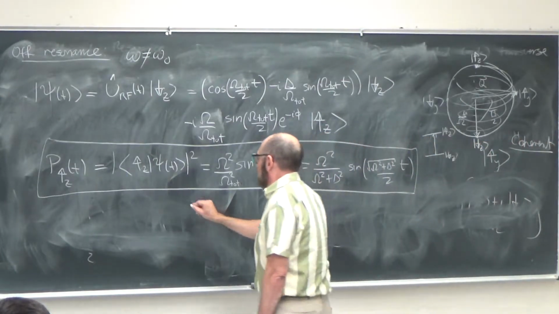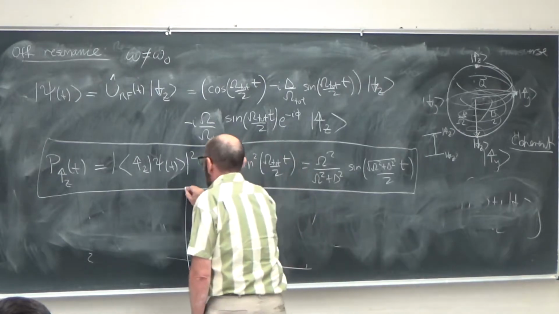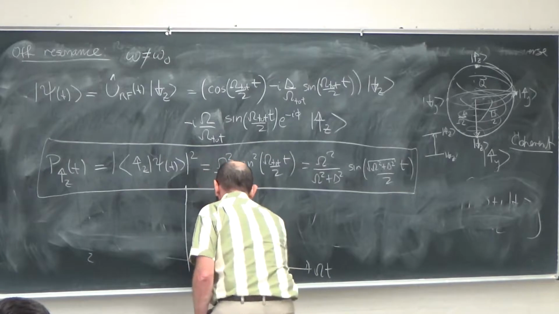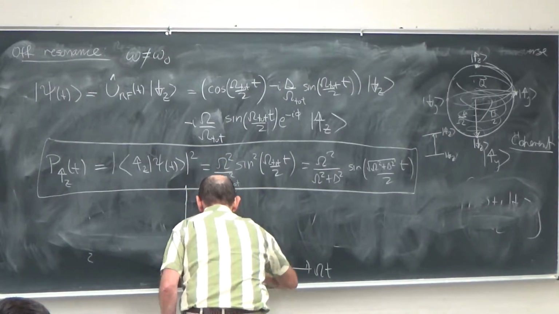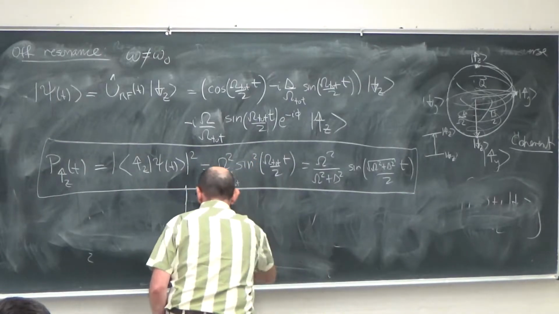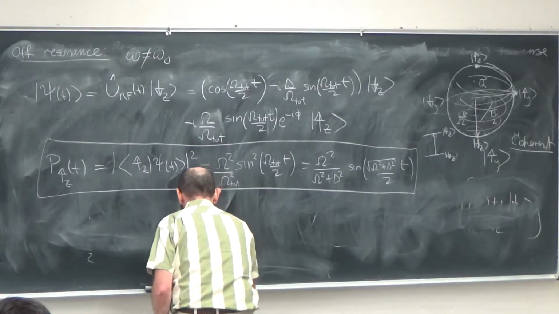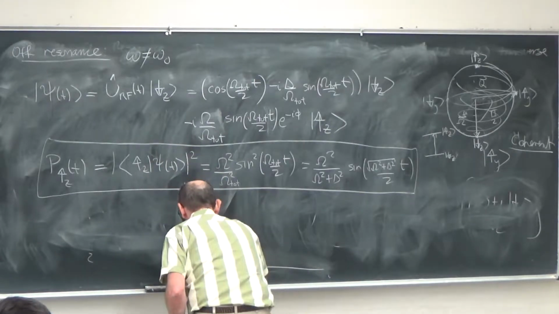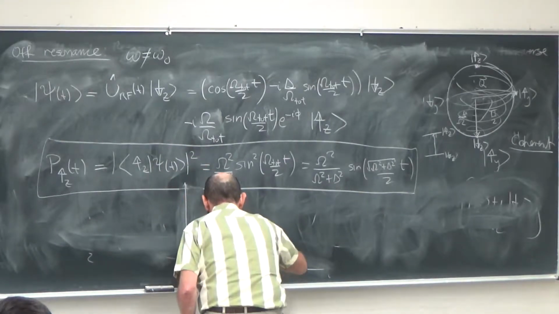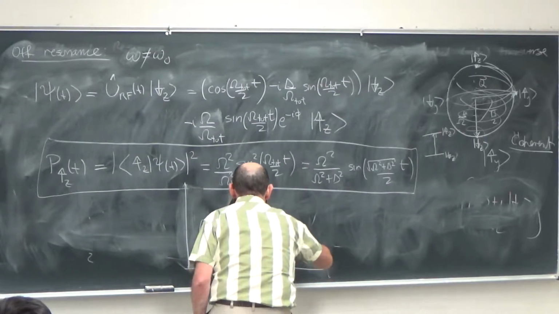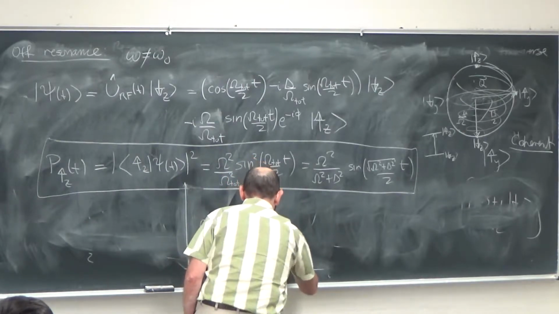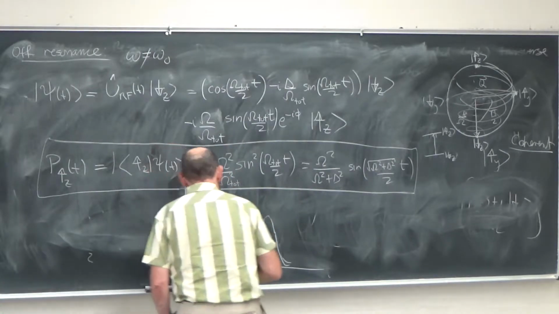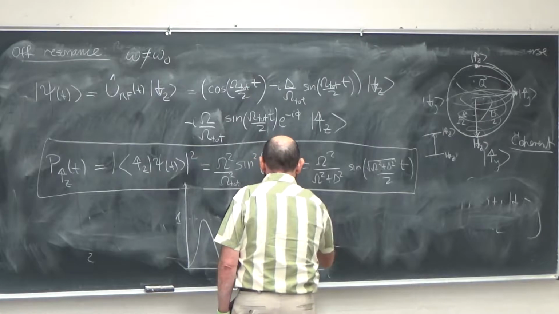So if I were to sketch again this probability as a function of omega t, on resonance we had this sinusoid that went all the way to 1. So that's on resonance. That was for delta equals 0.